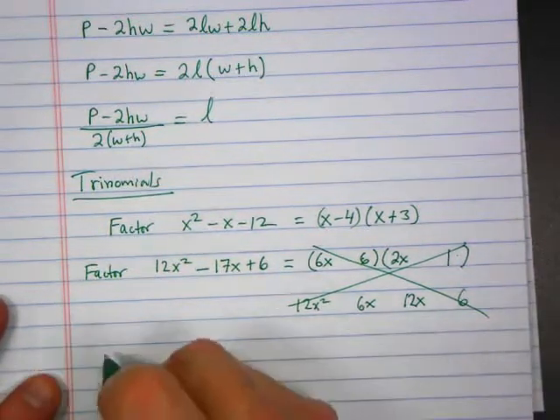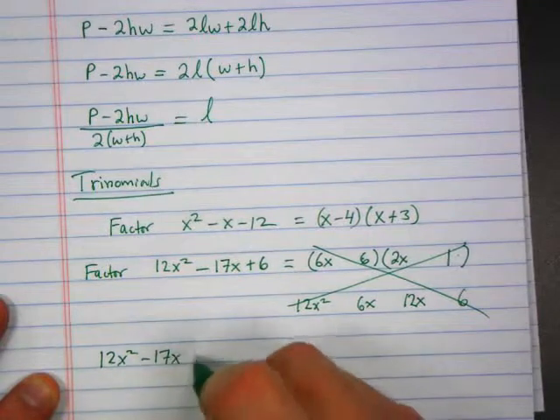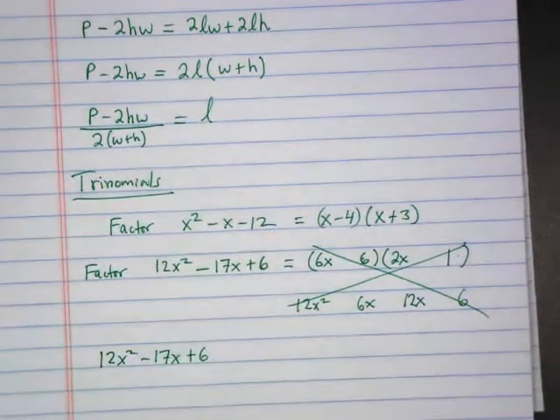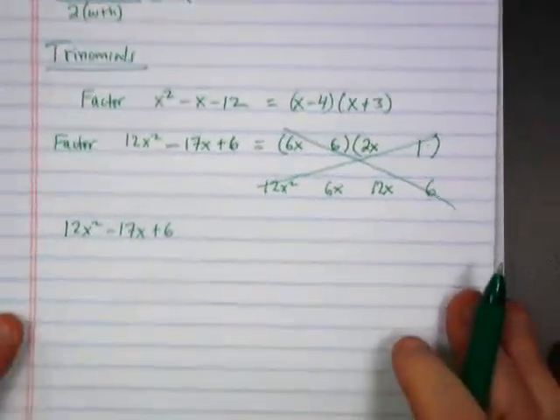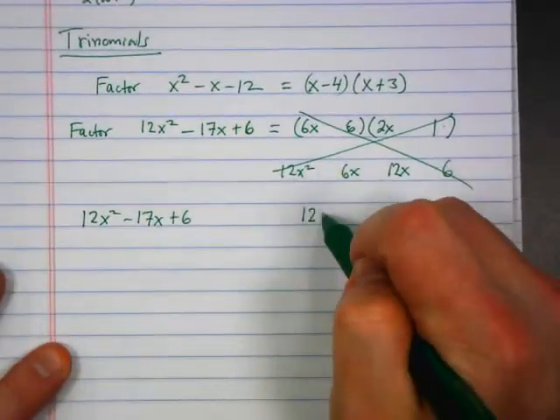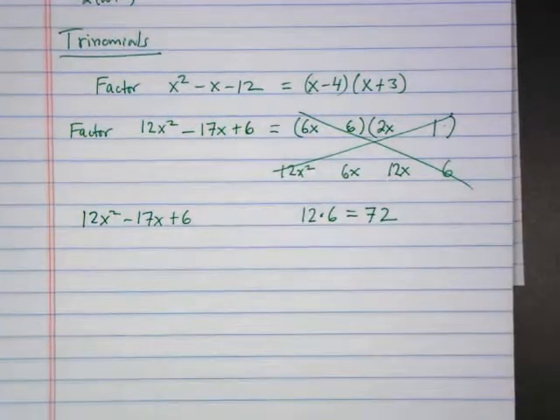So here's what we're going to do instead. We're going to take 12x squared minus 17x plus 6. We're going to multiply the two numbers on the end. We're going to take 12 times 6, which happens to be 72.